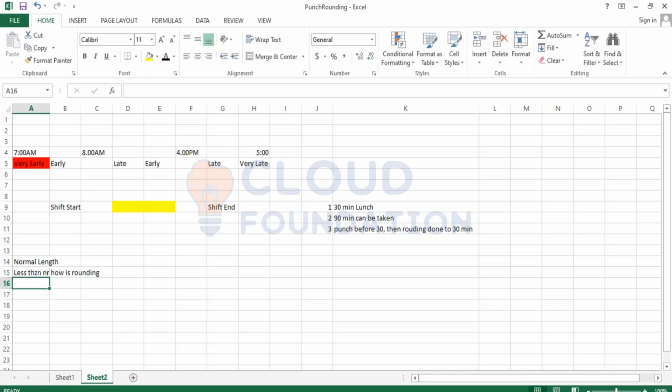So first we'll be knowing the normal length, right? We can configure the system to round accordingly for a short or a long break. The third question: at what point do we assume that the employee is not coming back for the day? They've gone for the break and have not come back for a long time.